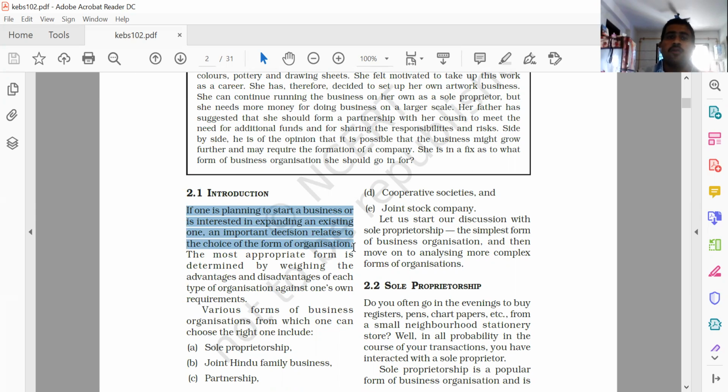The most appropriate form is determined by weighing the advantages and disadvantages of each type of organization against one's own requirement. Now, what they want to say is that there are a lot of forms of businesses.